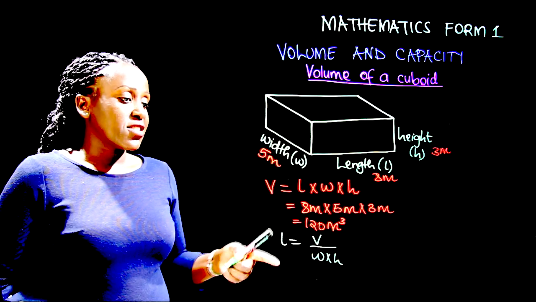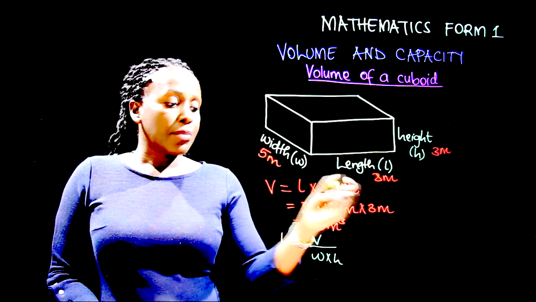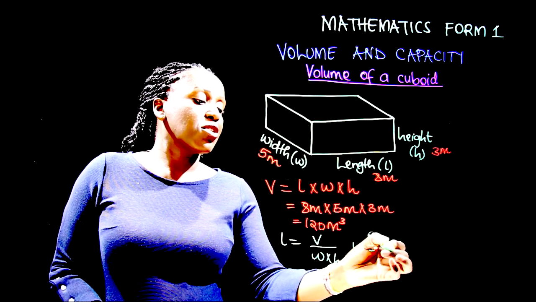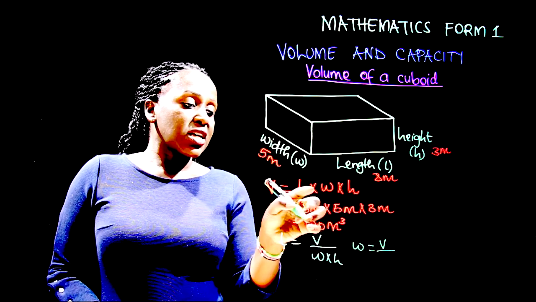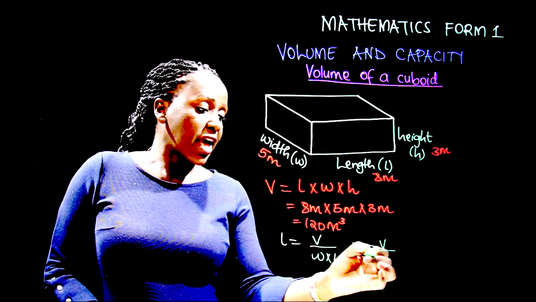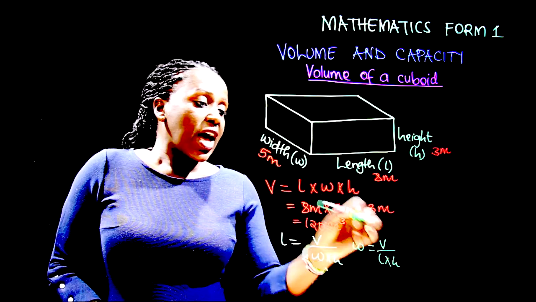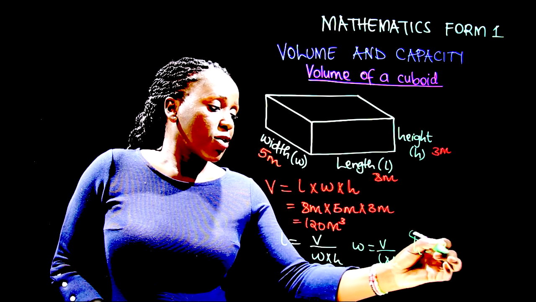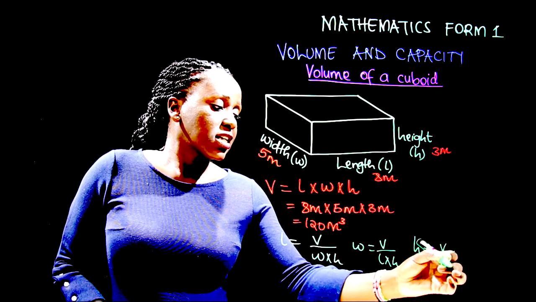So what do you think is the formula for calculating the width? Width will be given by volume divided by, width is missing from this formula, so we'll have length times height. And then if you want the height, it will be volume over length times the width.